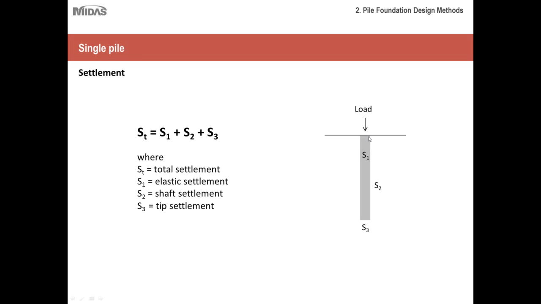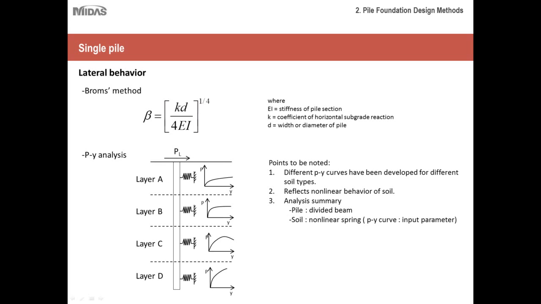So based on the load applied, the shaft will displace relative to the surrounding soil strata. And then we have S3, which is the tip settlement. That is, the overall pile will settle down from the ground level or from the pile cap location. So the summation of these three types of settlements needs to be assessed in order to determine the settlement for the pile.